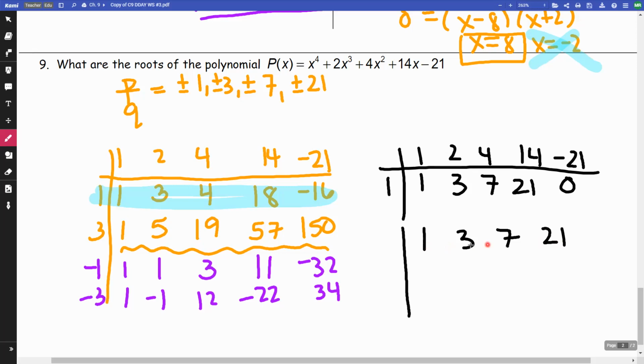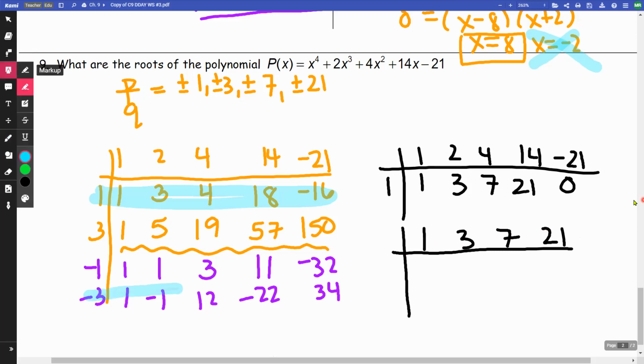So when I'm doing synthetic division with this now degree 3 polynomial here, and I see that all these are positive, I know that using positives are not going to work. So I need to use my negatives. Now, if something didn't work before, it's not going to work again. But I'm obviously tired while I'm doing this.